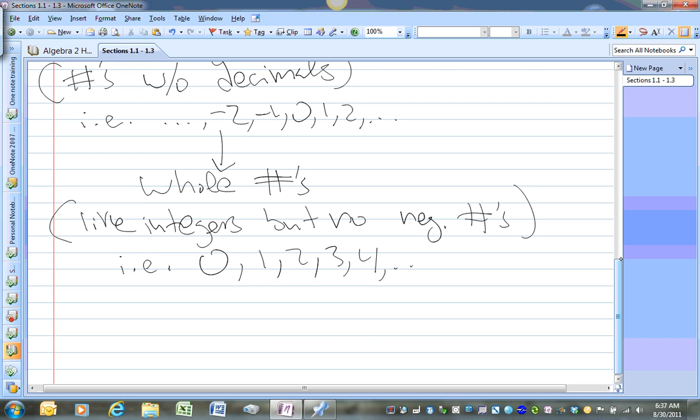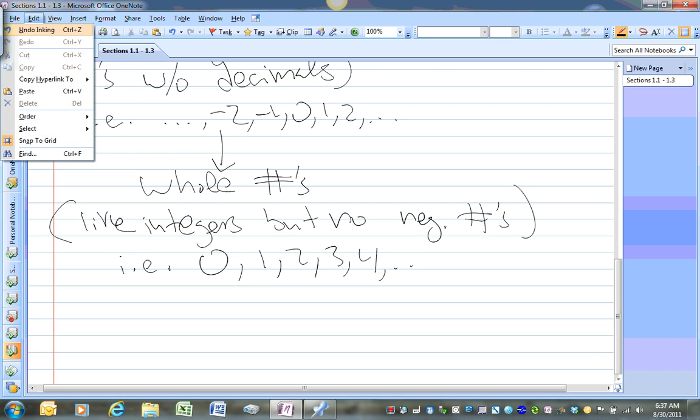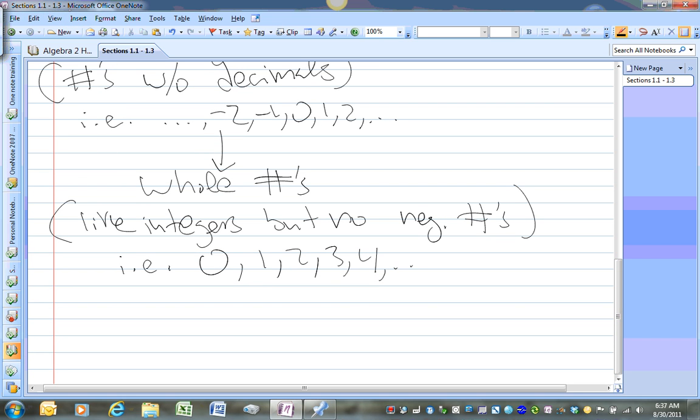Next, I'd like to talk about graphing numbers on a number line. So let's look at that. Now remember, a number line could look like this.